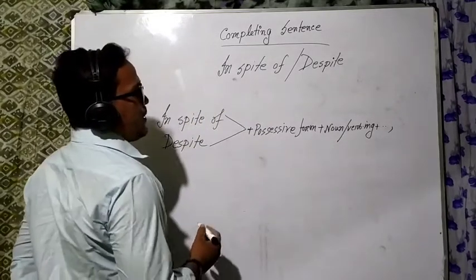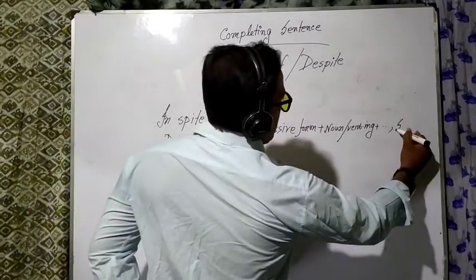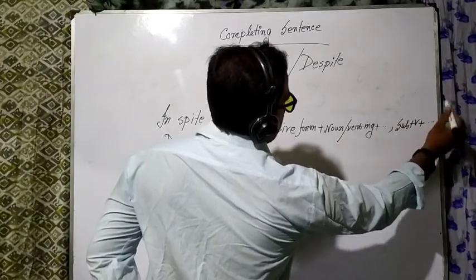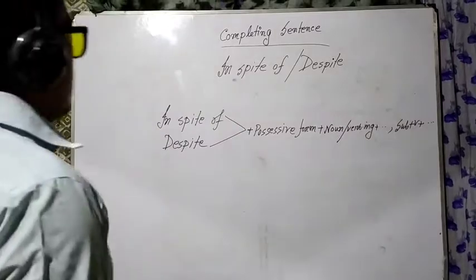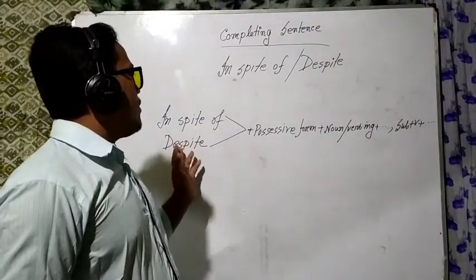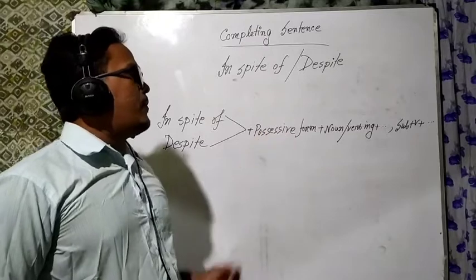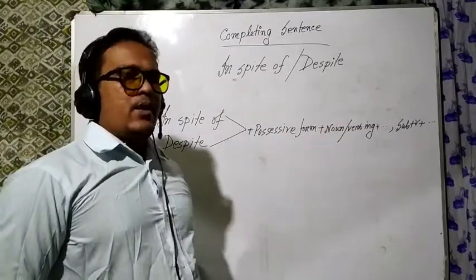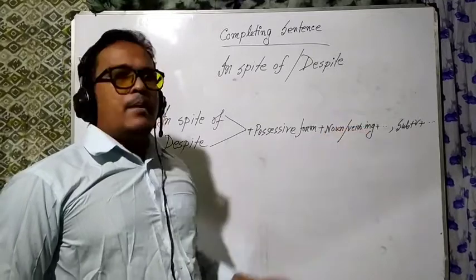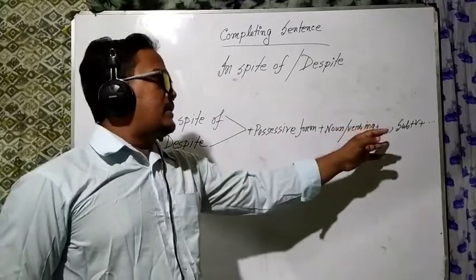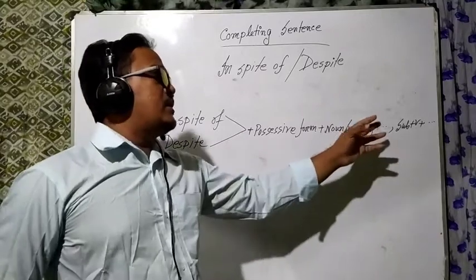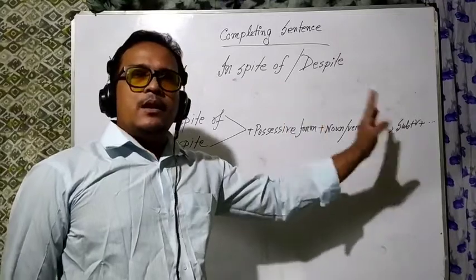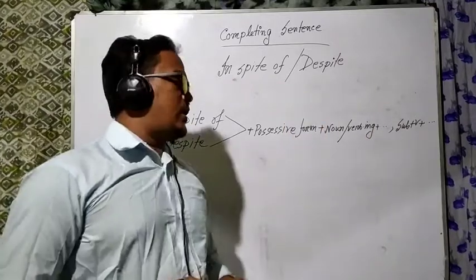The structure will be subject plus verb plus extension. The structure is in spite of or despite plus possessive form of noun or pronoun plus noun or verb ing plus extension, and another structure of the clause will be subject plus verb plus suitable extension.